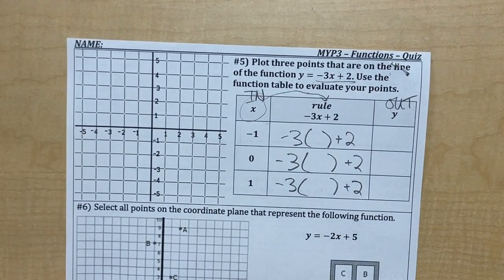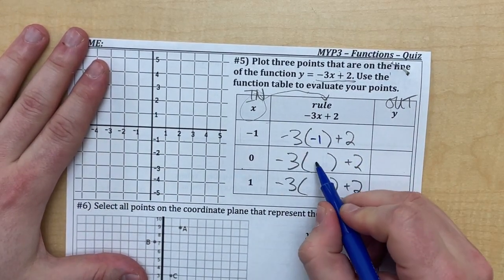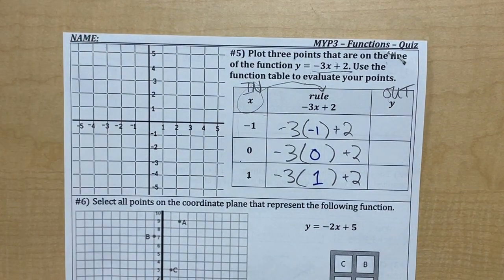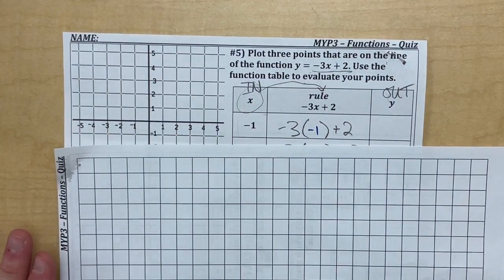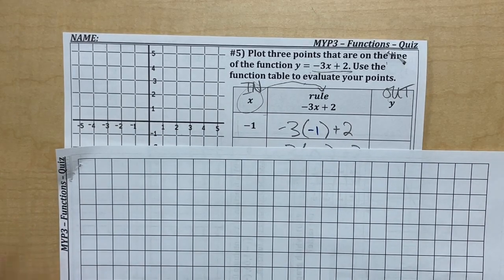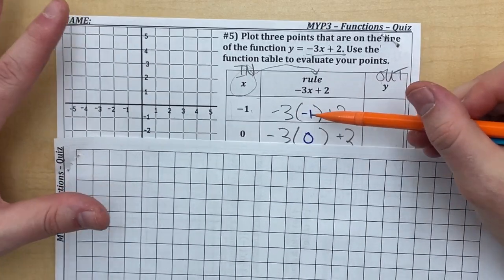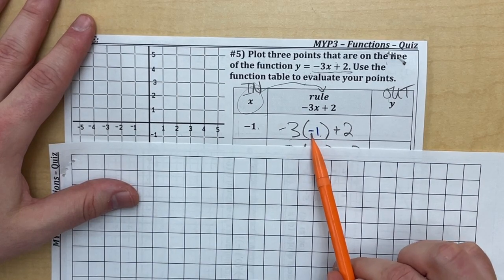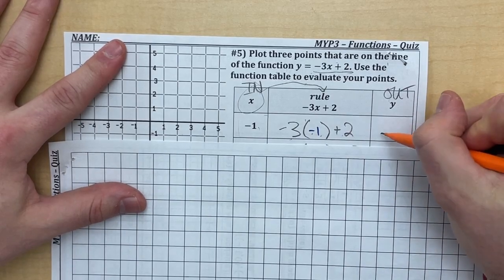So I can say, all right, my first x value is -1, my second x value is 0, and my next x value is +1. Again, make sure you're taking these one step at a time. So let's say first when x equals -1, I plug it in, and I can say, okay, I have -3 times -1, same sign positive, so this is +3. +3 plus 2 is going to be +5.